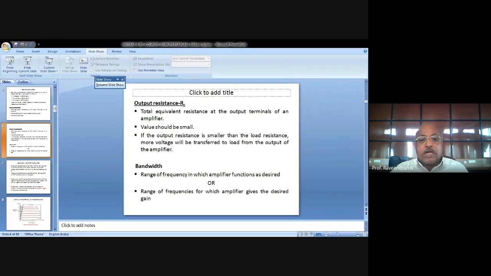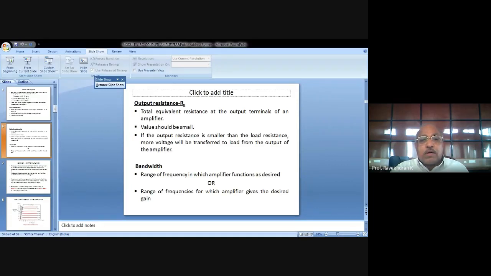Only the current is flowing through the junction. That particular condition is what is called the on state of the CE configuration. That on state is the state at which there will be collector current, but the collector emitter voltage will be very much reduced at that particular collector current. And this region of operation of the transistor is called the saturation region, or we say that the transistor is getting saturated.